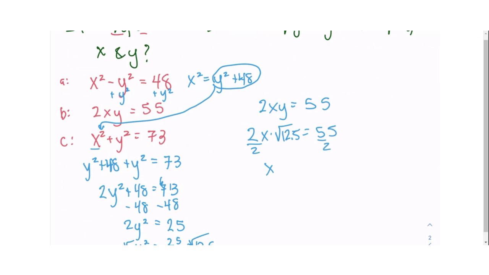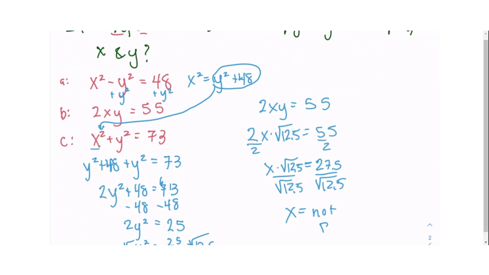Then x multiplied by the square root of 12.5 equals 55 divided by 2, which is 27.5. Oh, my brain is not working. And then we would divide by the square root of 12.5. This is not a pretty one. And then we get x equal to just some crazy number that's not pretty.